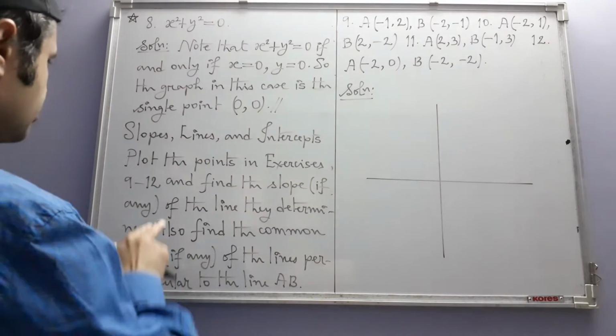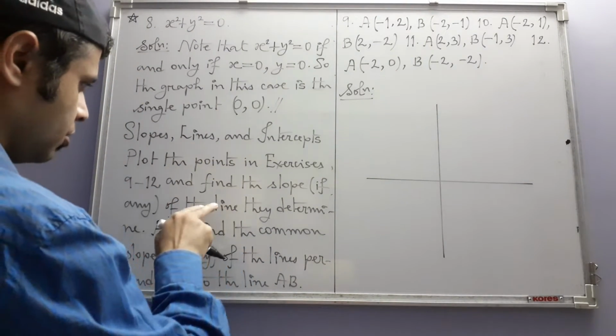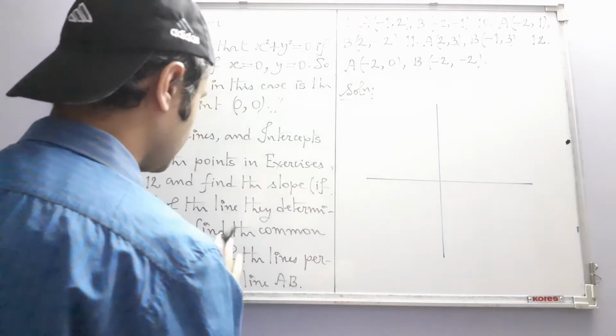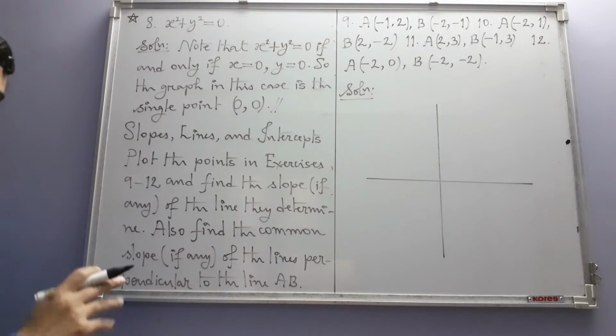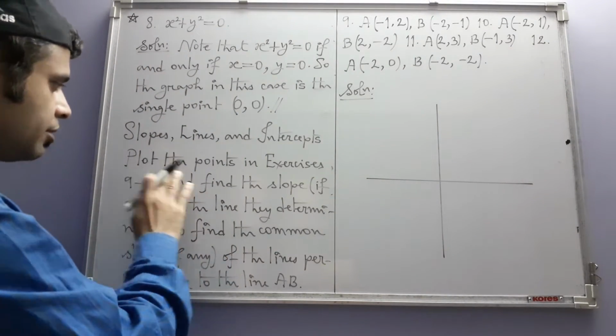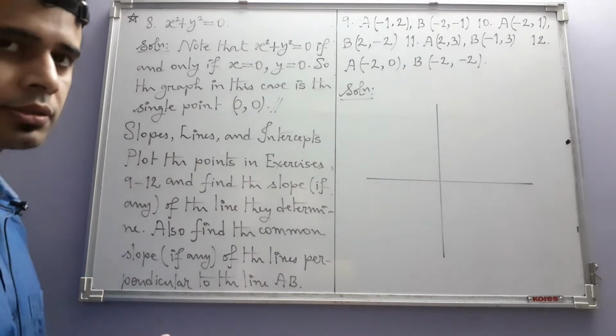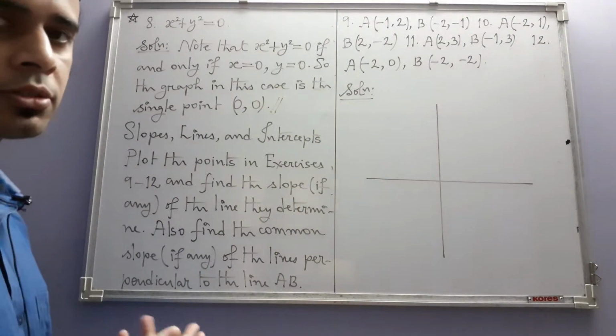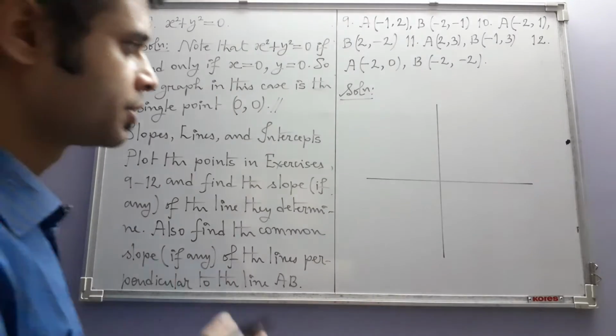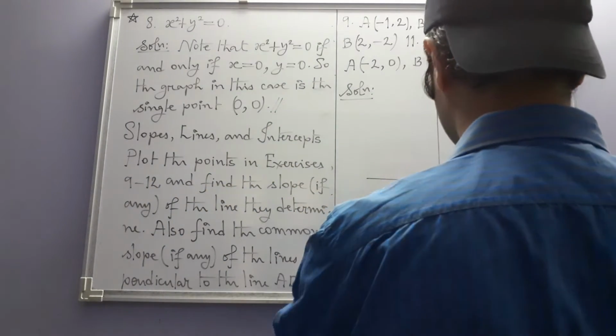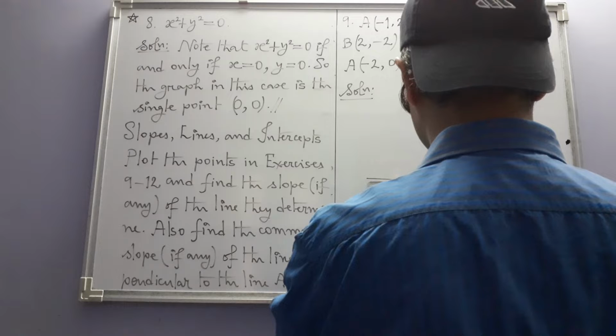We have not actually been asked to draw the lines, only to plot the points and then calculate the slopes from the values, but we are going to draw the lines so that we can see how the lines look.